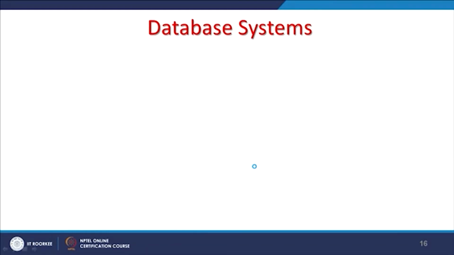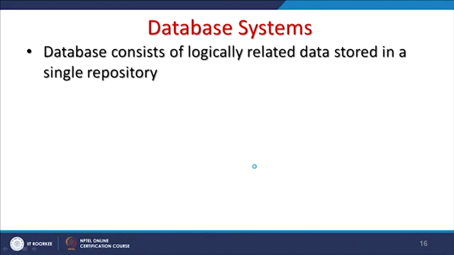When we go for a database management system, it consists of logically related data stored in a single repository, not in different files, and that is the advantage. They are related by logic and organized in a fashion that makes access to the data or retrieval of information much easier.